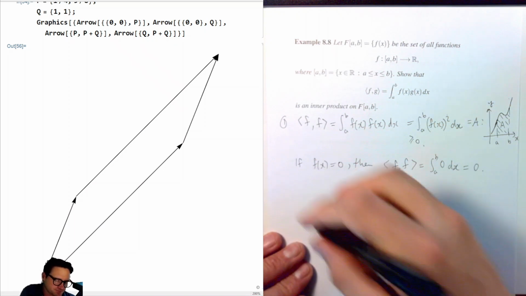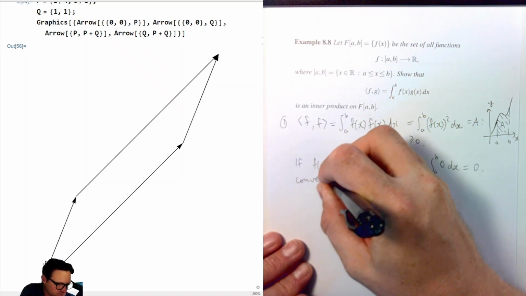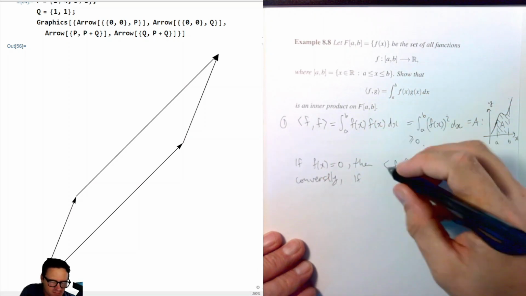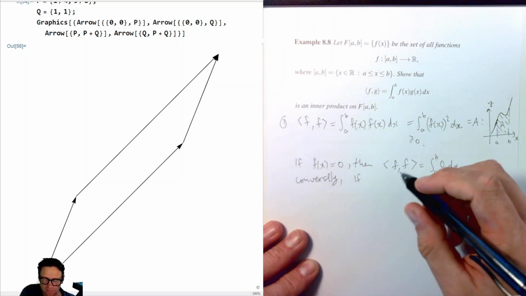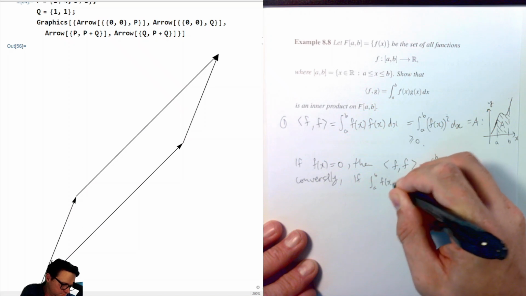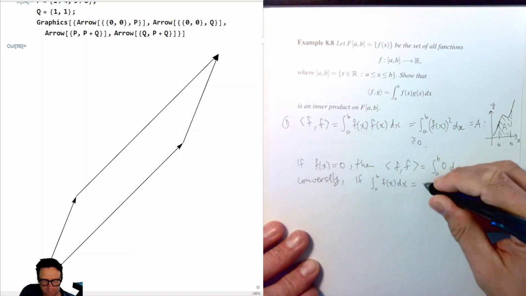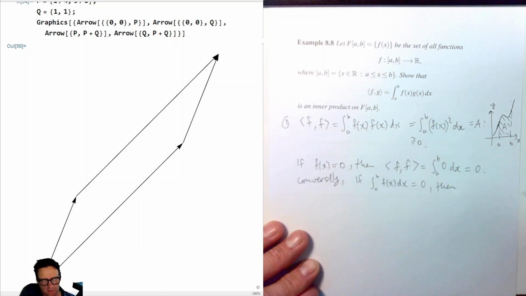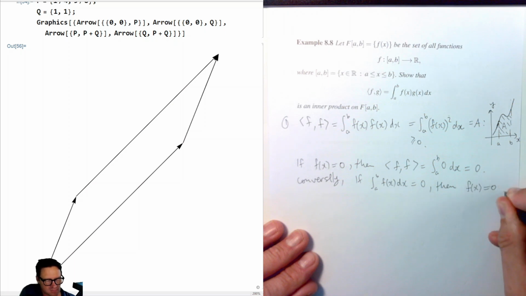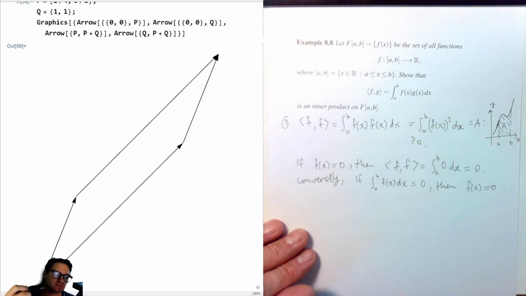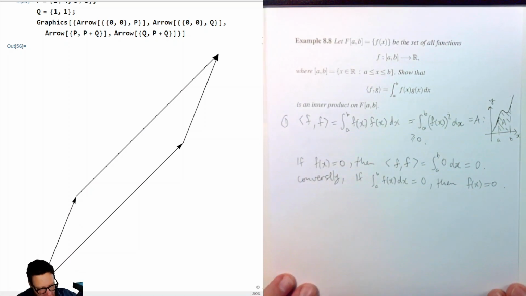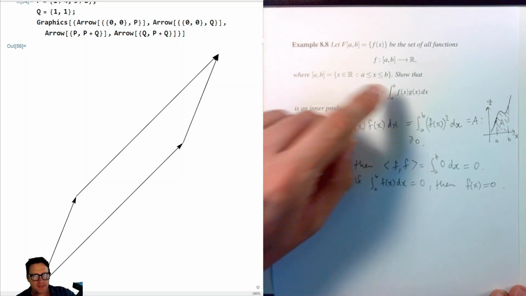Now conversely, if the area is 0, then we must have f being 0. Okay, so we have now checked the first condition of calling this an inner product right here.